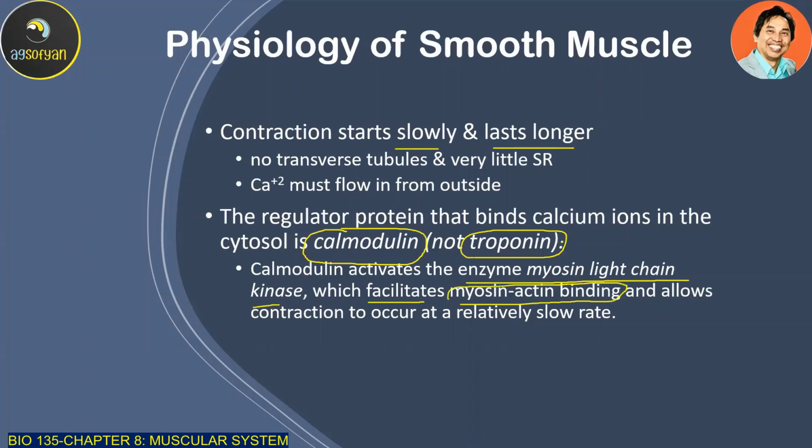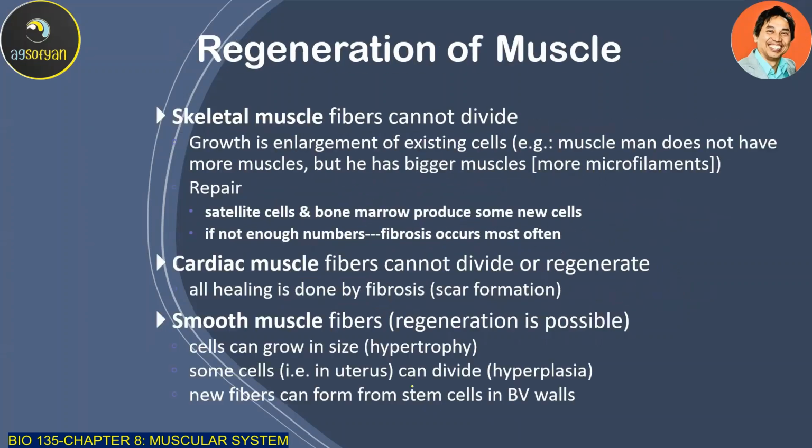Okay, so the troponin is actually the one that will remove the tropomyosin from the binding site, but this calmodulin is the one that stimulates the binding of the myosin head to the actin whenever this calmodulin binds the calcium.